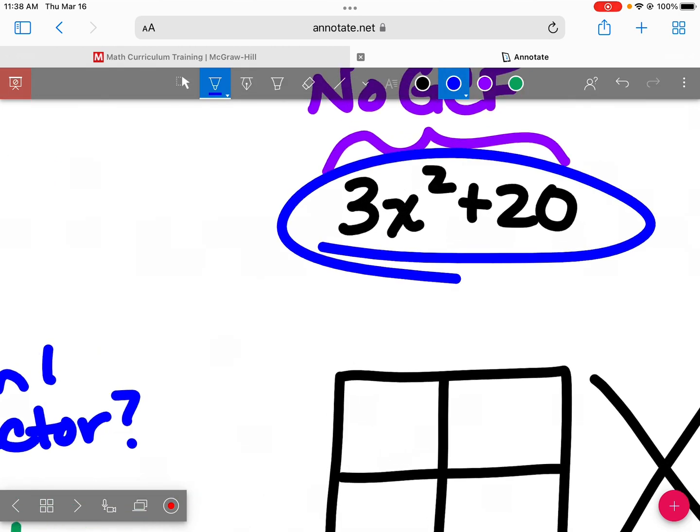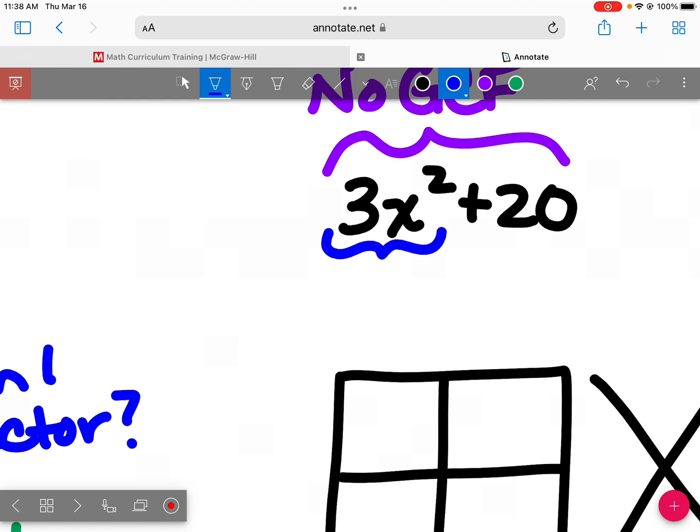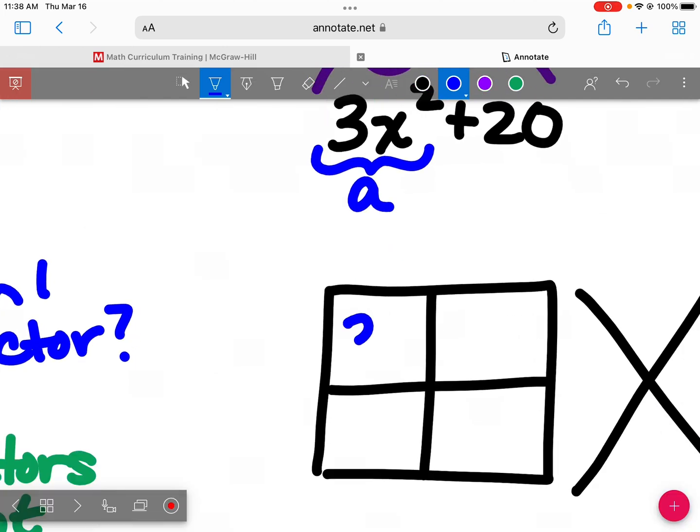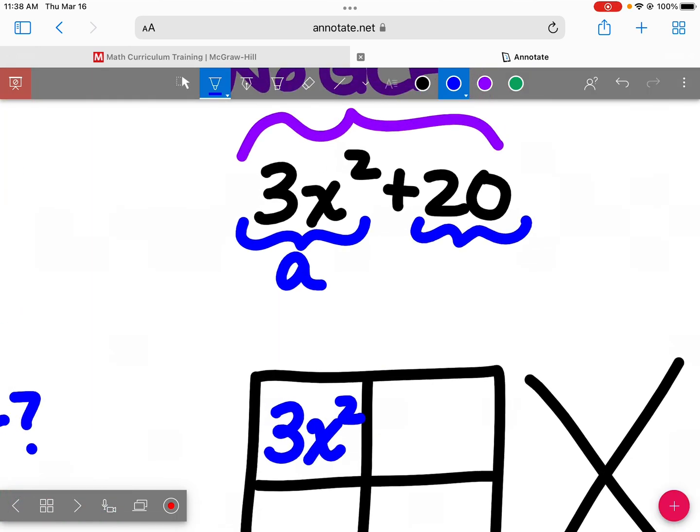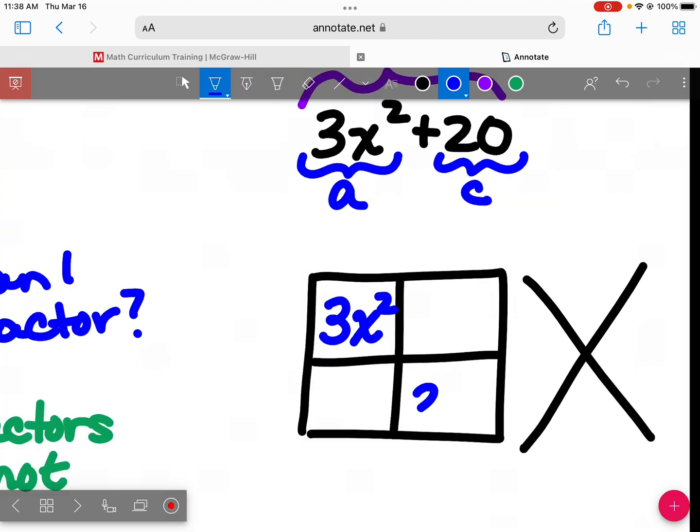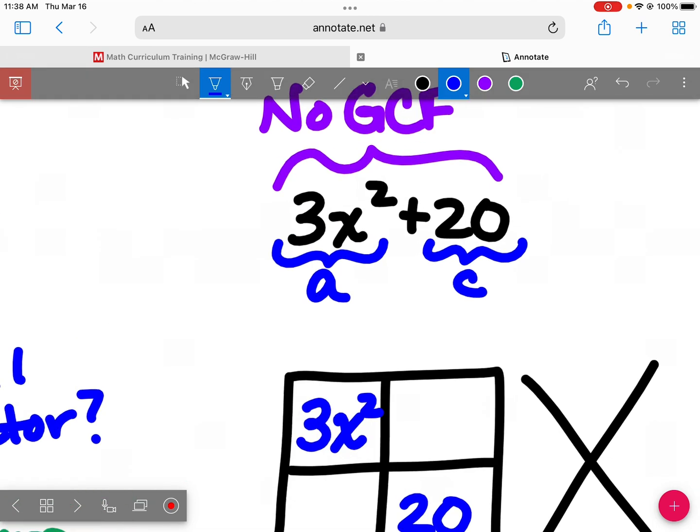Which pieces do I have up here? This 3x squared, is that A, B, or C? That's A. So that's going to go right here, 3x squared. The 20 is which piece? C. B isn't there, right?